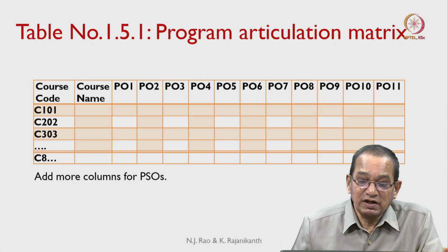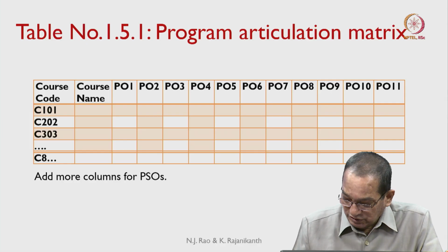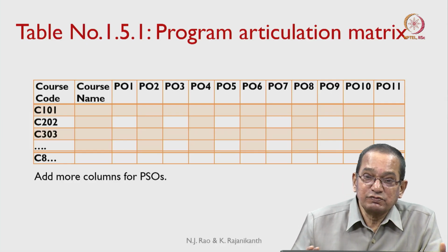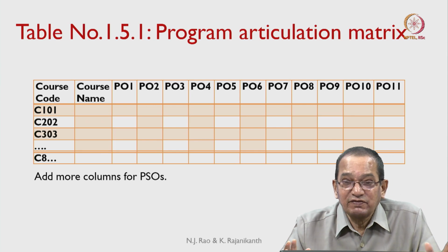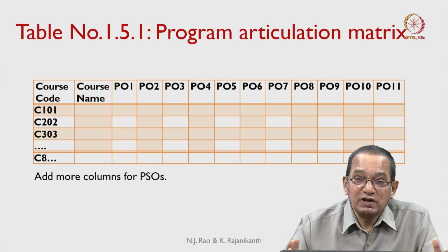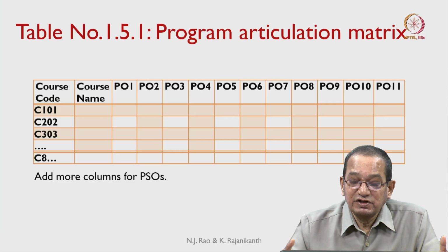So, that is captured in this program articulation matrix, and in fact, looking at this at a glance, we can easily figure out also what is the capability of the given curriculum in terms of addressing the POs or PSOs.